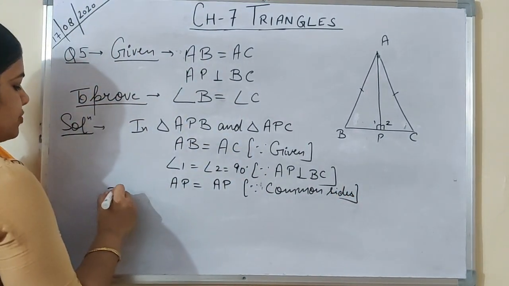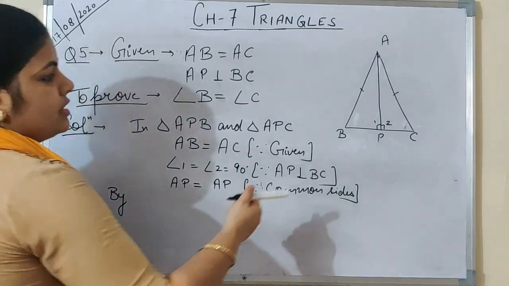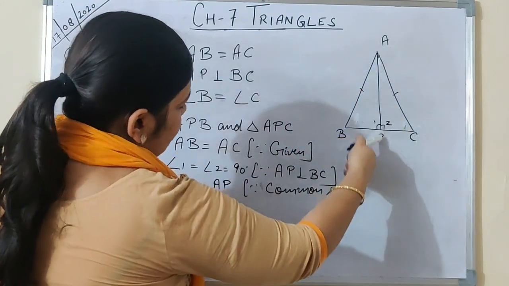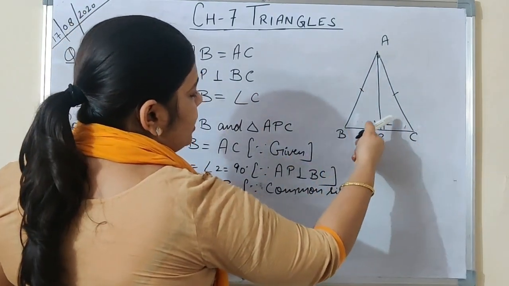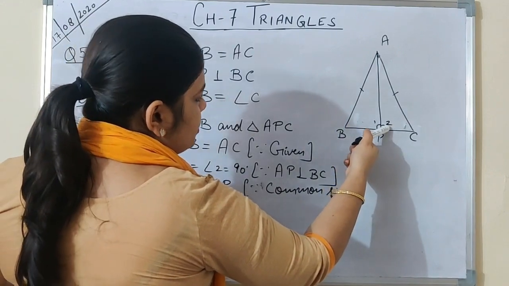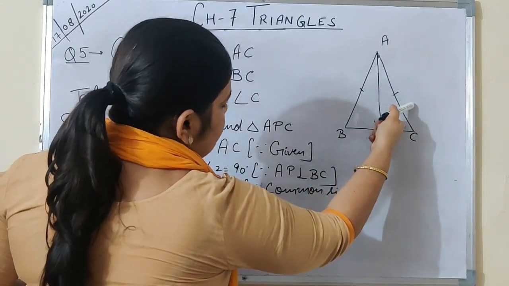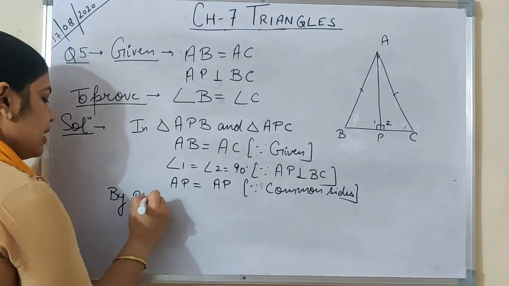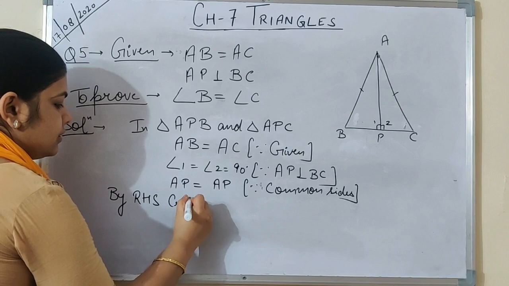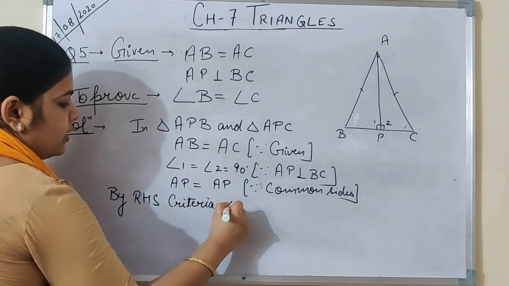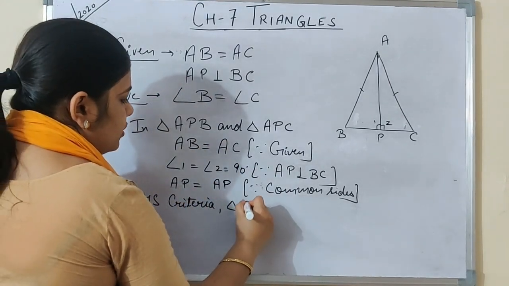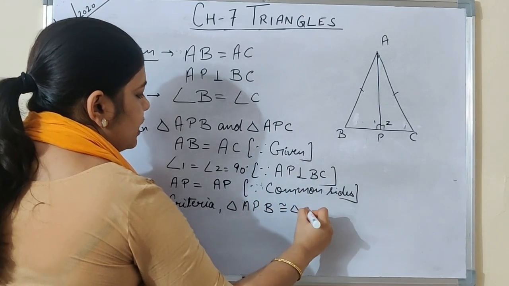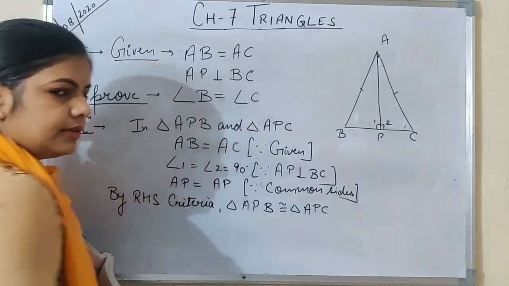So by which property are they congruent? As you can see, the right angle is here, the hypotenuse is here and one side is here. And similarly in this triangle, this right angle is equal to this right angle, this hypotenuse is equal to this hypotenuse and this side is equal to this side. So we can write that by RHS criteria, triangle APB is congruent to triangle APC.